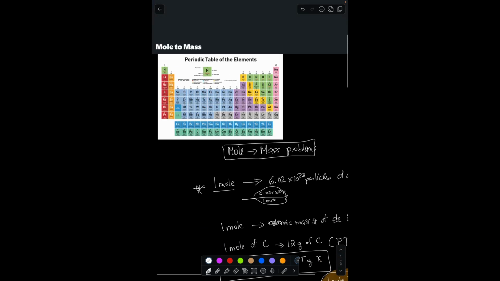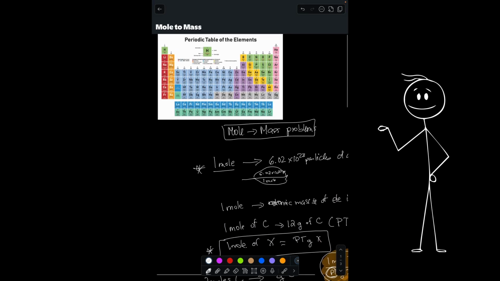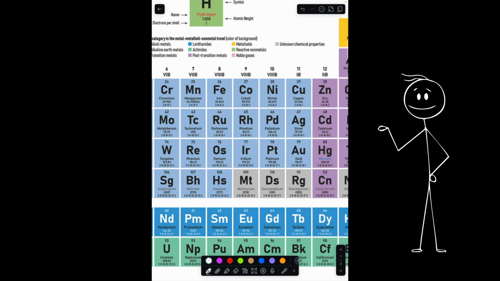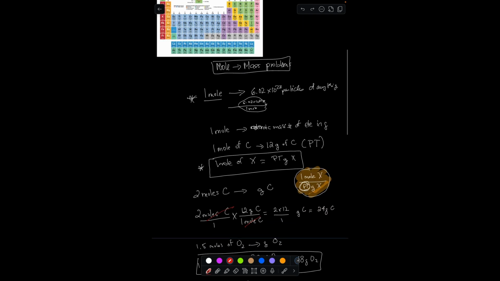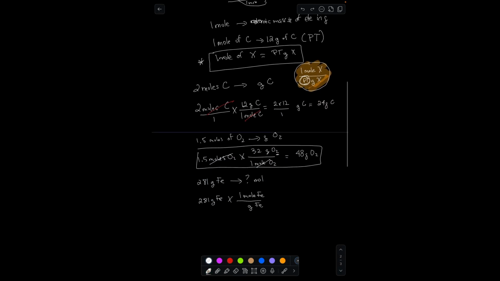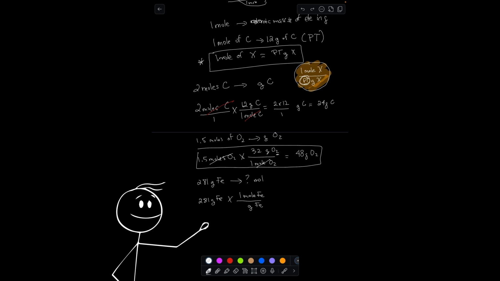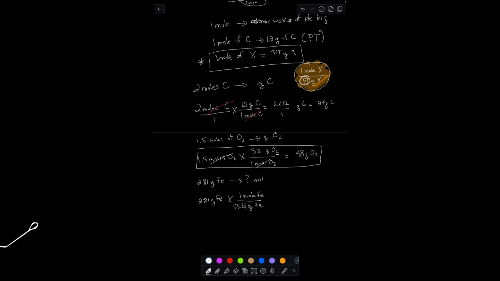So if we look at the periodic table and we focus in on Fe right here, I don't know if you can see that, we'll see that it's actually 55.85. So all we have to do is go back to our problem, and we're going to put 55.85 grams of Fe.